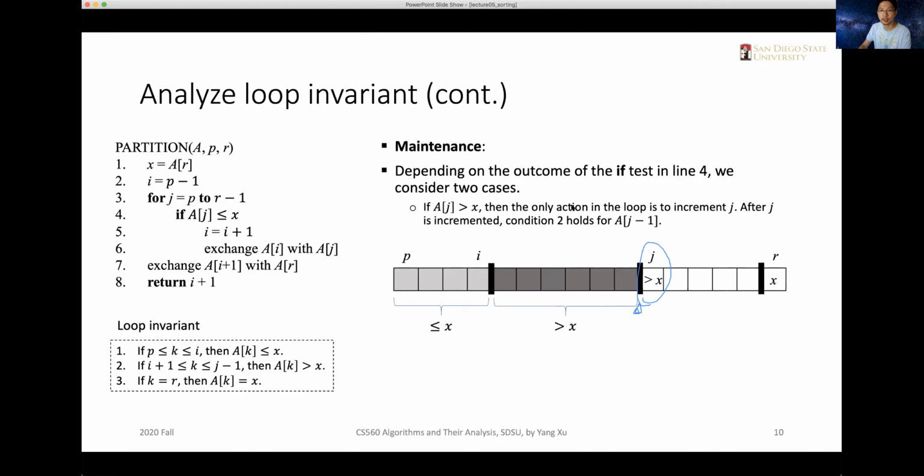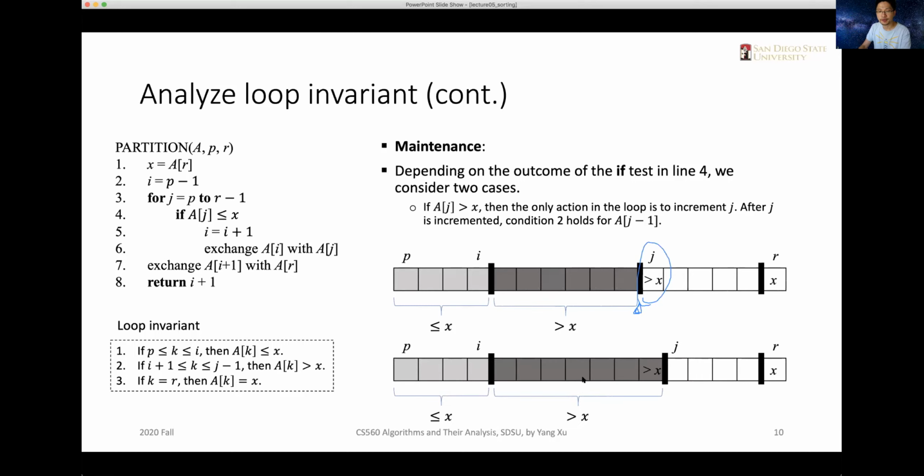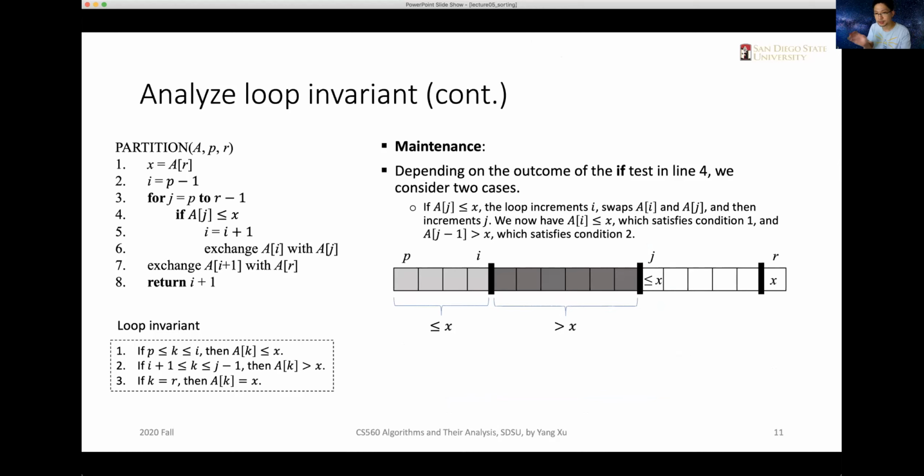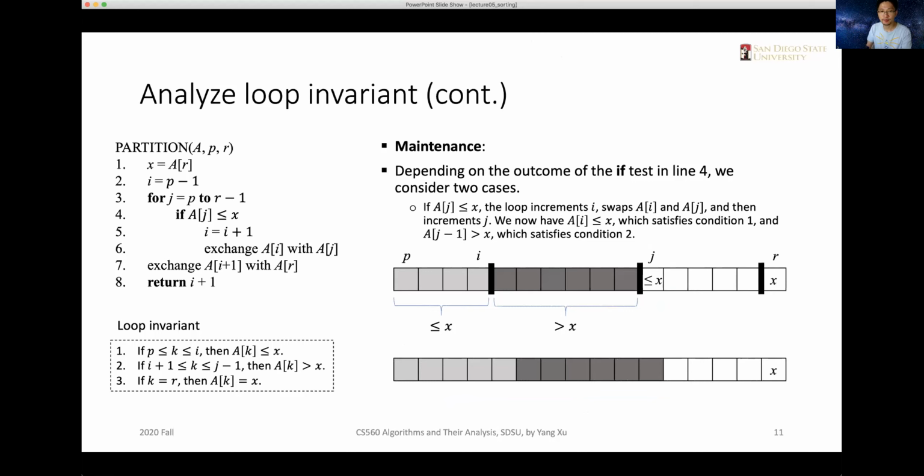After the iteration moves on, everything in the dark shadow area is still greater than x, which means condition 2 is satisfied, because we just naturally move it to the right since we have obtained an element that's greater than the pivot. Let's analyze the other case. If aj is smaller than the pivot, then we need to increment I by 1 and switch aj and ai.